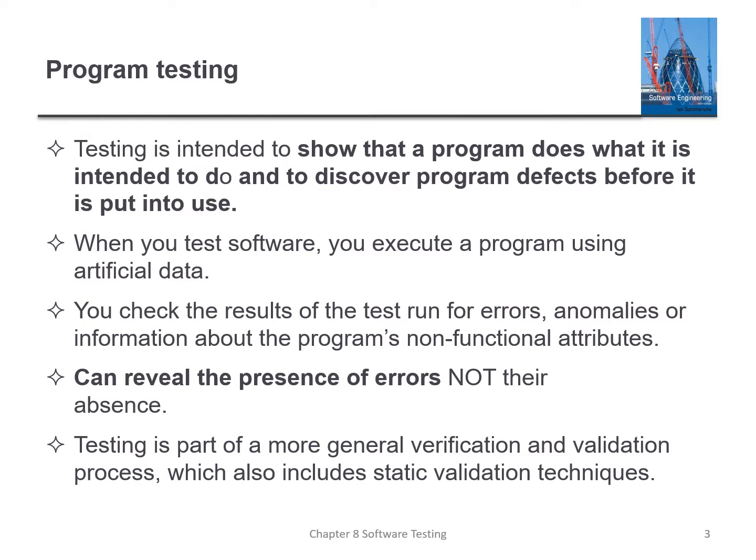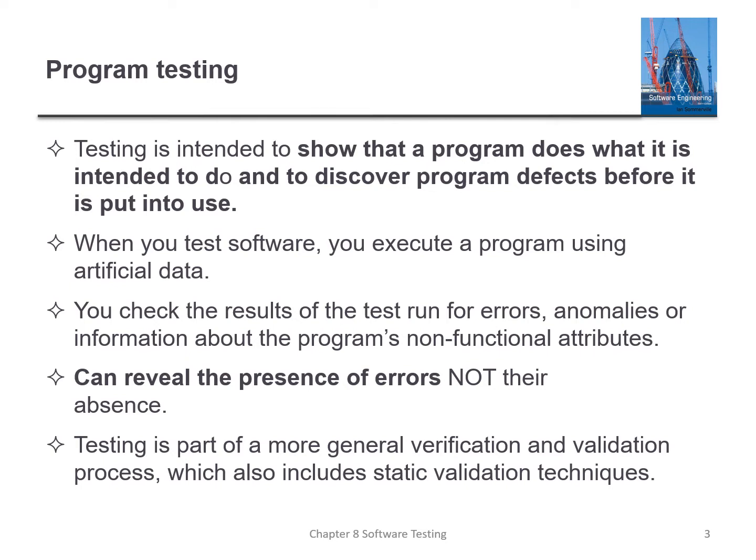So you check the results of any test run that has revealed errors or anomalies, meaning things which are not certain, and you also check the information about the program's non-functional attributes. Not only do we check the functionality part, we also check the non-functional requirements that we have covered before, right?